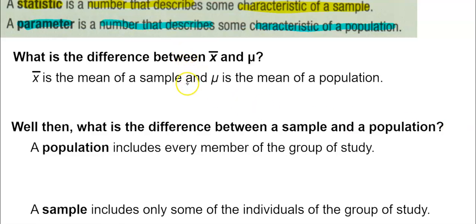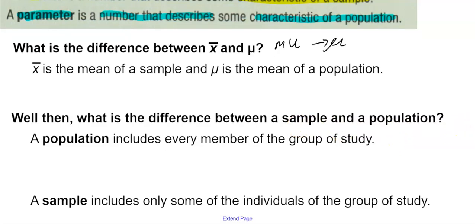One of the things that we're going to see a lot of is this x bar, and we're going to see this Greek letter, mu, M-U. So x bar is the mean of a sample, and mu is the mean of a population. Well, then what is a sample and a population? The population includes every member of the group of study.